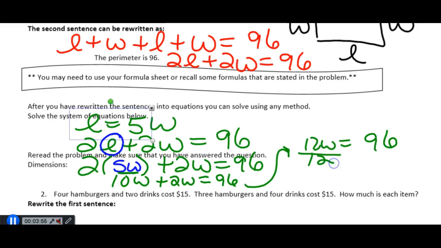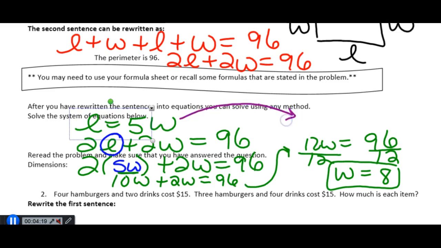Divide by 12 on both sides. And what does W equal? W equals 8. Now remember, just like in all the other systems of equations, we had 2 variables to solve for. So in this case, we needed to know W, which we found right here. But we also need to know L. So to find L, I'm going to go back to this top equation.